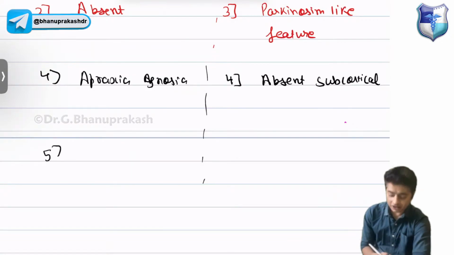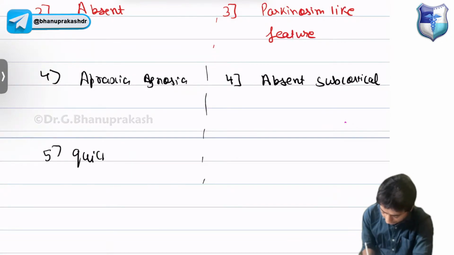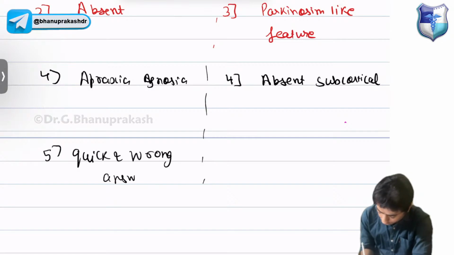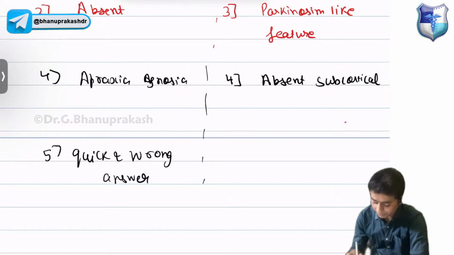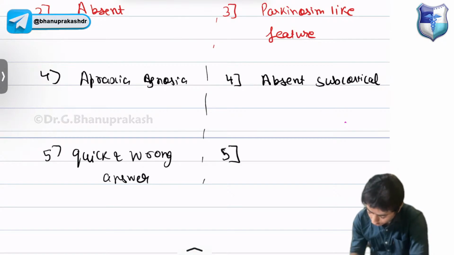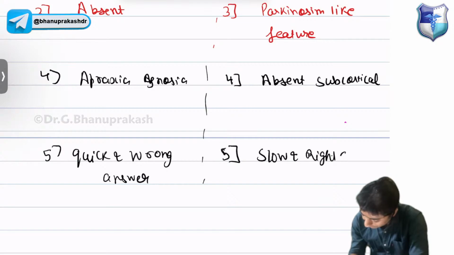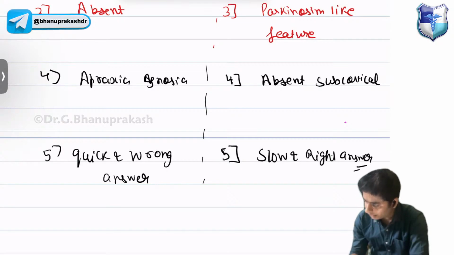Generally these patients give quick and wrong answers. But a subcortical dementia patient gives slow and right answers.